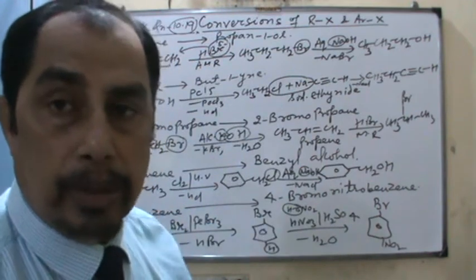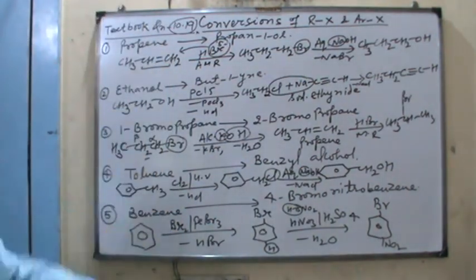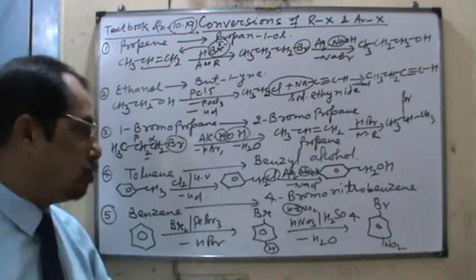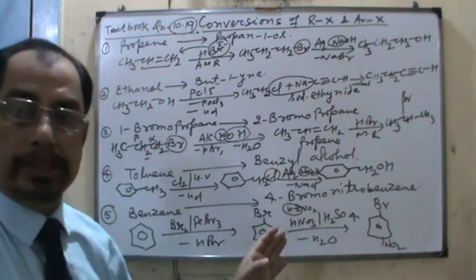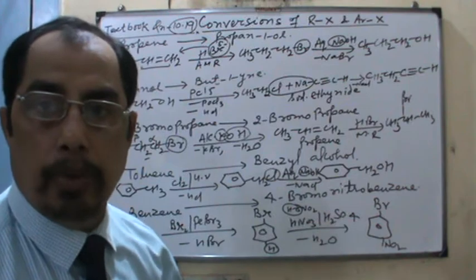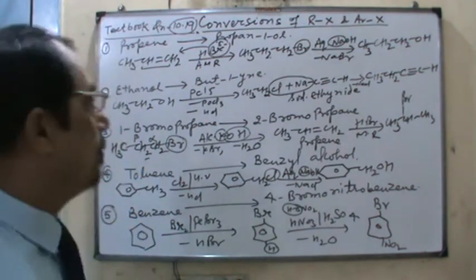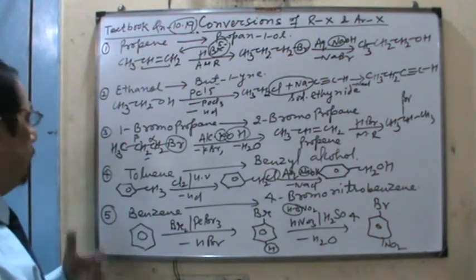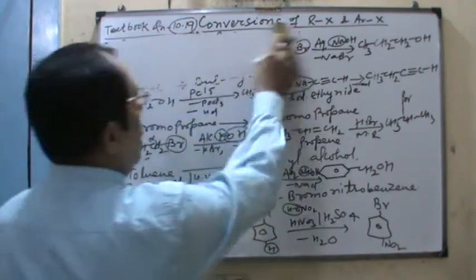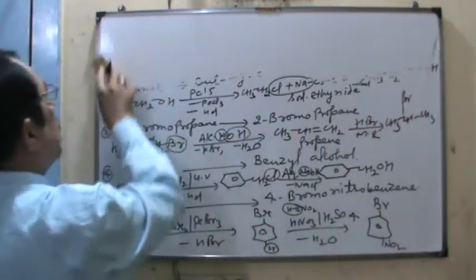So the way you can get the different conversions like propene to propane-1-ol, ethanol to butadiene, 1-bromopropane to 2-bromopropane, toluene to benzyl alcohol, benzene to 4-bromo-nitrobenzene, or rather you can say 1-bromo 4-nitrobenzene. It's alright, dear students.